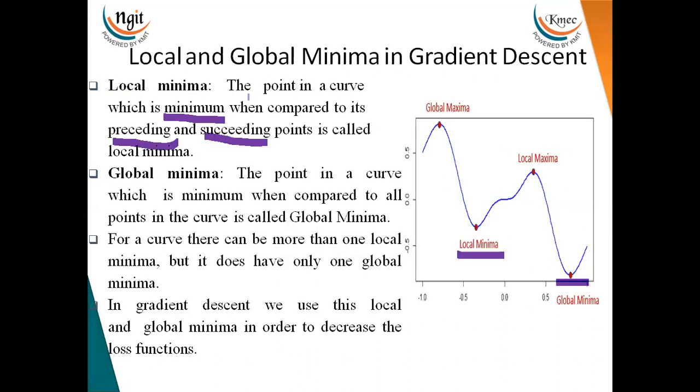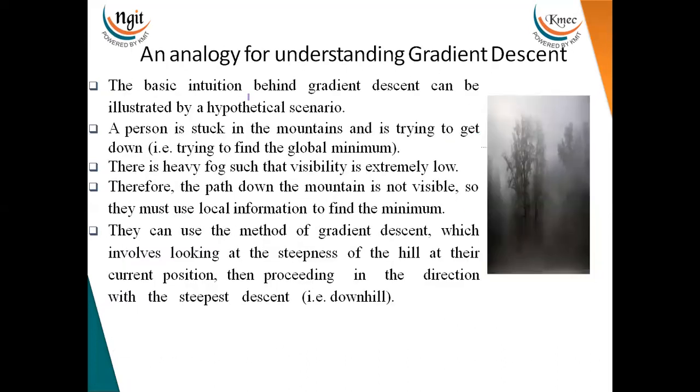Now how will it work? Let us see one example for understanding gradient descent. Listen. One scenario: a person is stuck in the mountains and is trying to get down. Directly, he will not jump from the top of the mountain to the ground. What he will do? First, he will find the topmost point from where he can get down.